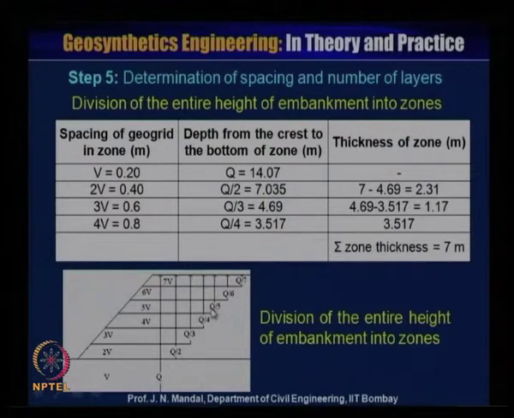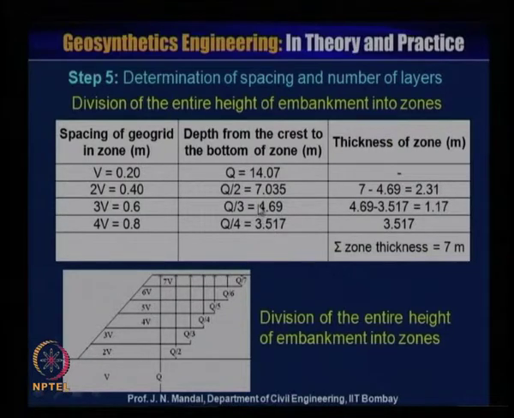When this is Q by 4, the spacing is 4V. When Q by 5, the spacing is 5V. When Q by 6, the spacing is 6V. When Q by 7, the spacing is 7V. So, this is the division of the entire height of the embankment into zones.